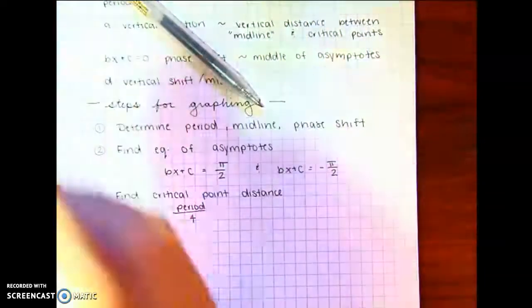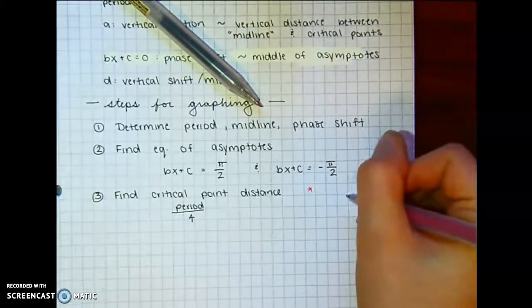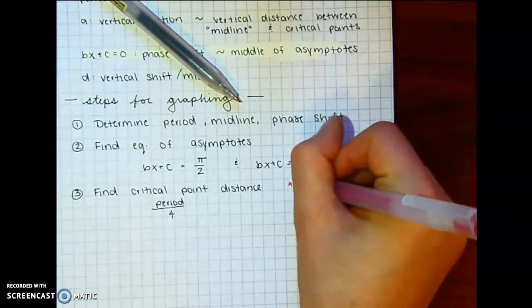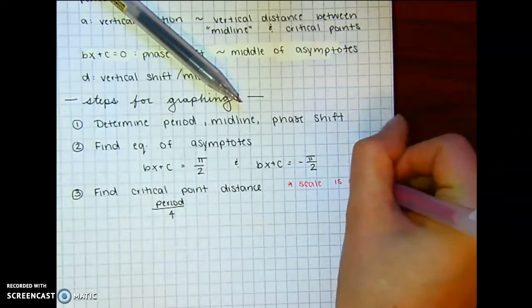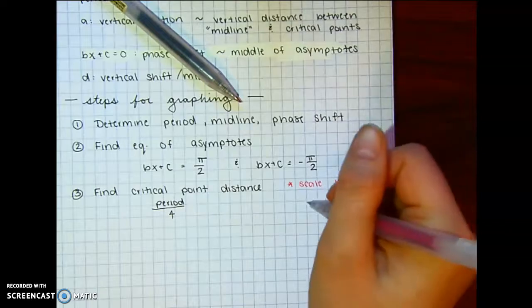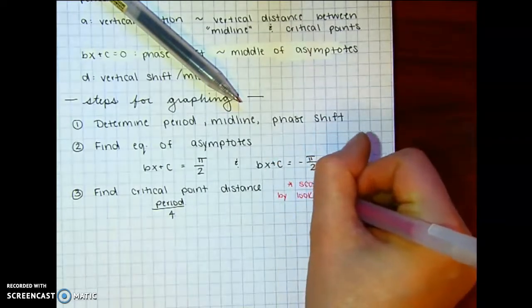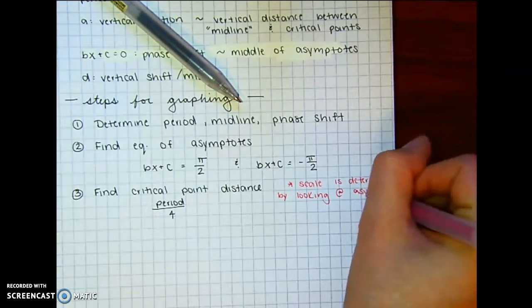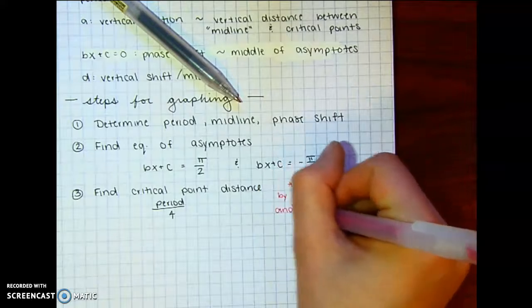Be careful, so just like with sine, cosine stuff, everything we've done so far, your scale is important. Your scale is determined by looking at your asymptotes and your critical point distance.